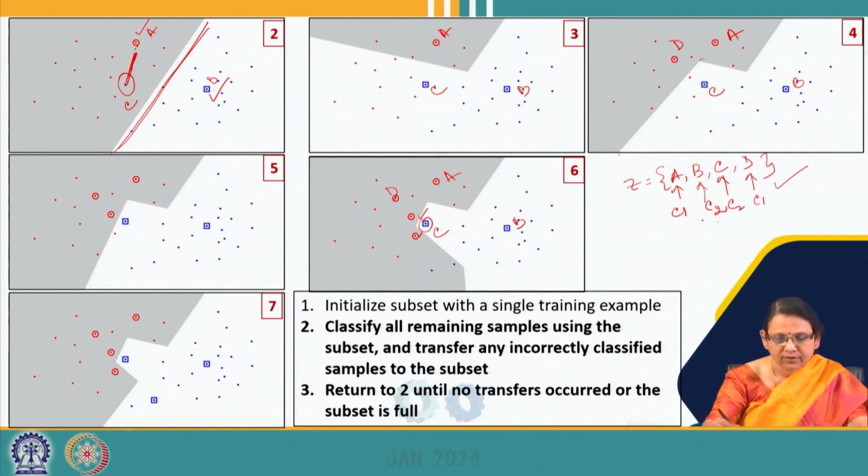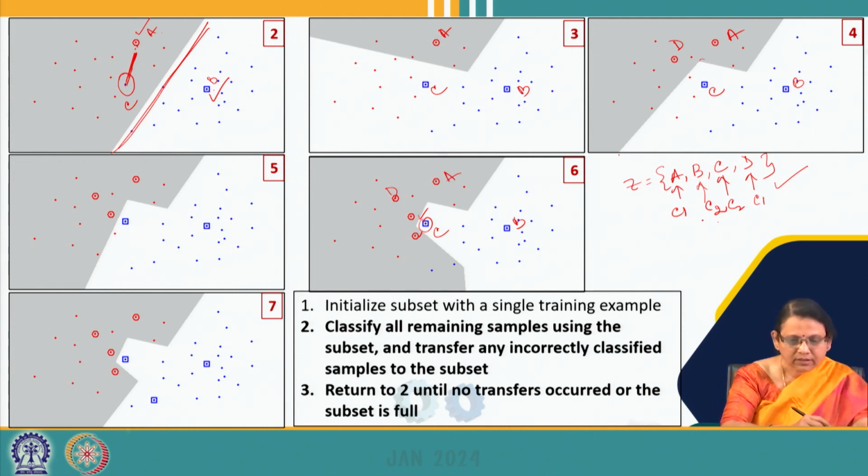So, they got added. Then this is the 4th iteration, this is the 5th iteration. So, this point got added. Let us call it another point. After that you added one more point and so on.